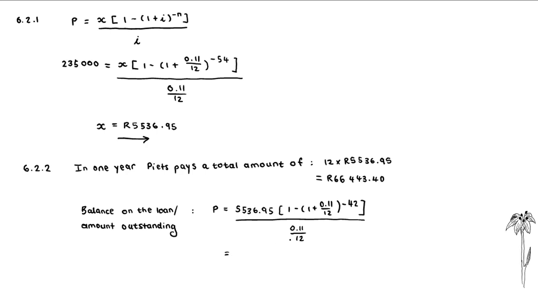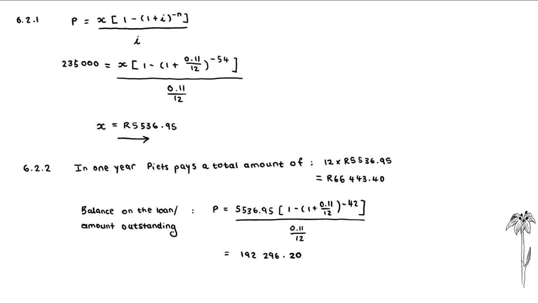So if you put this into your calculator, you'll find that the balance on the loan is 192,296.20.